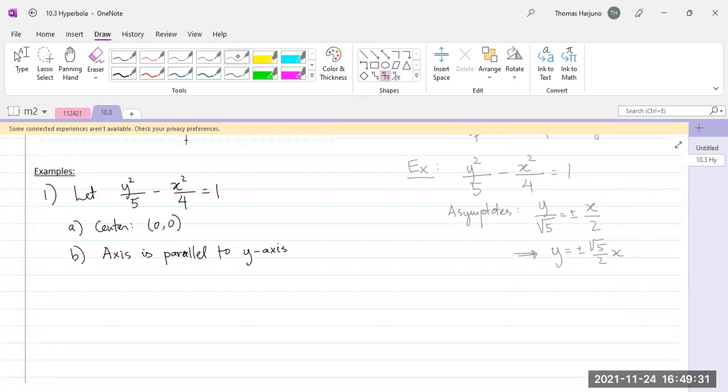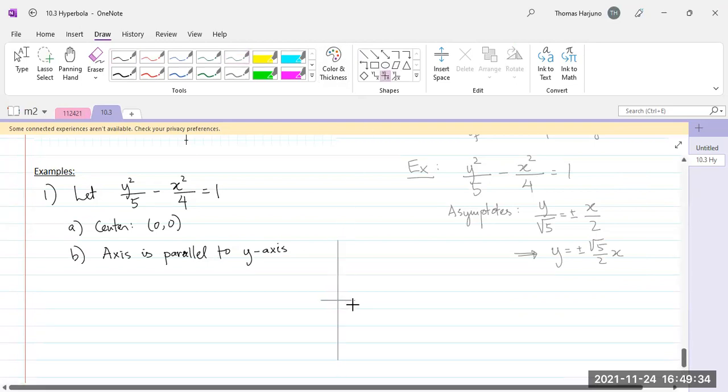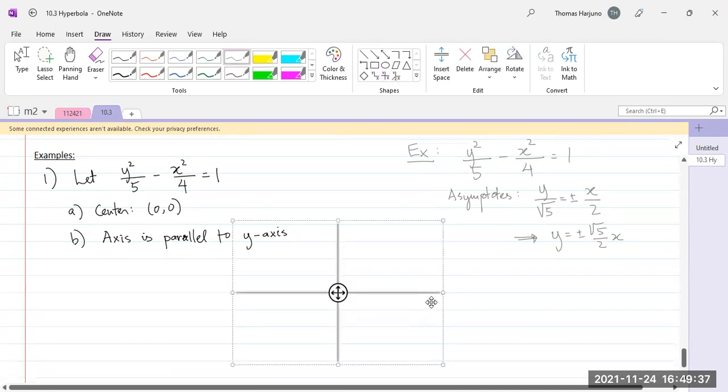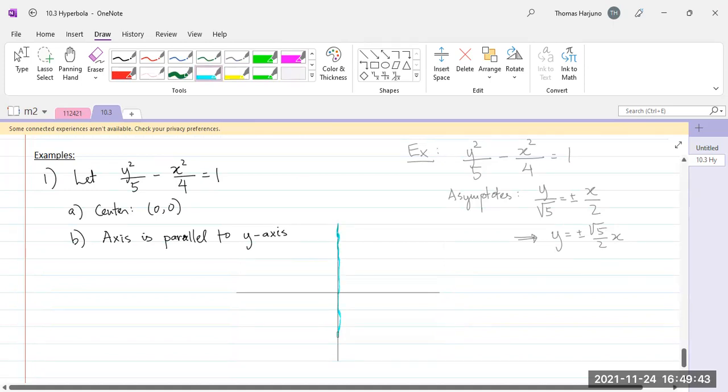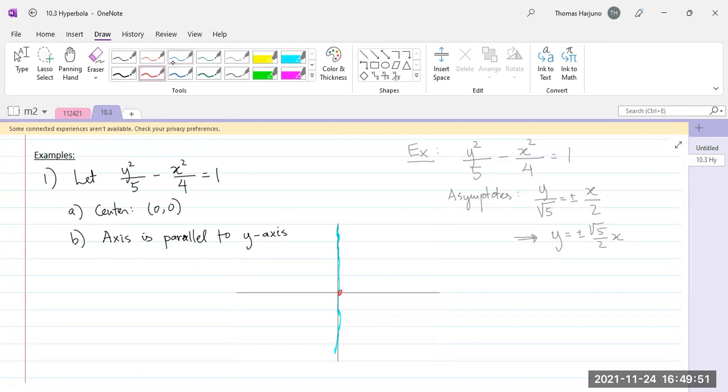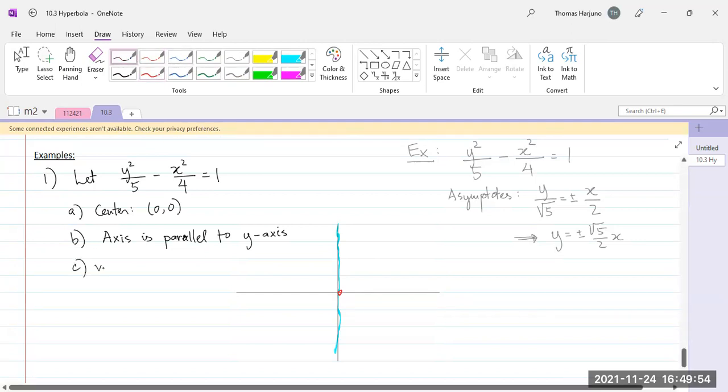Okay, so if I try to sketch the graph, then the transverse axis will be here. This will be the center. And then the vertices are radical 5 from the origin along the transverse axis.